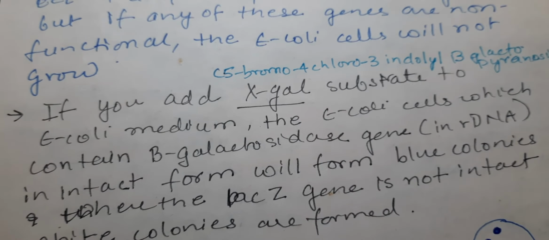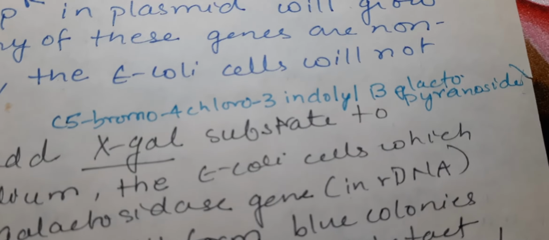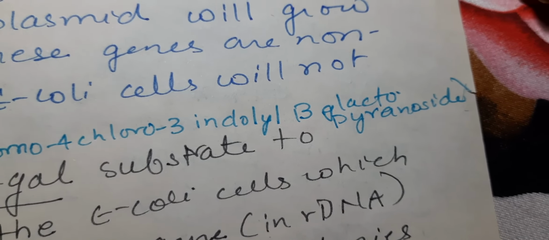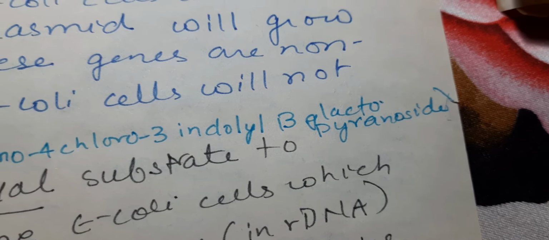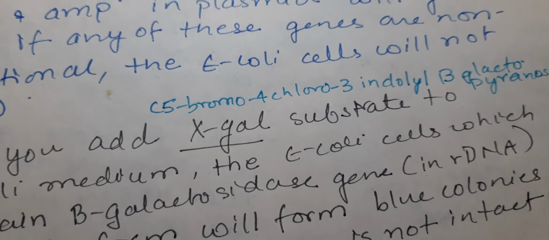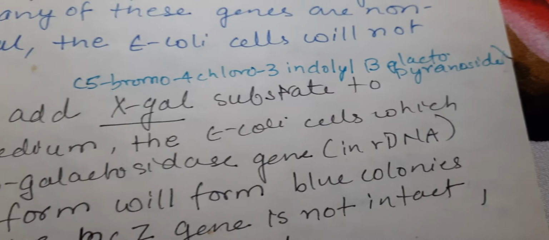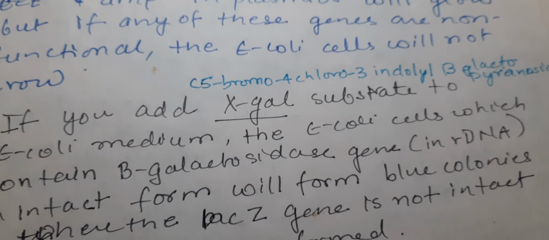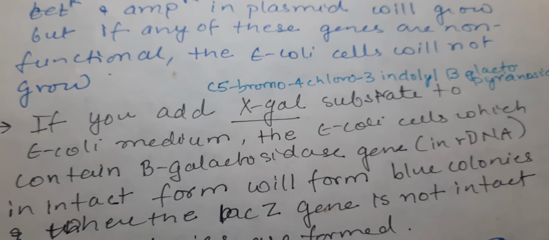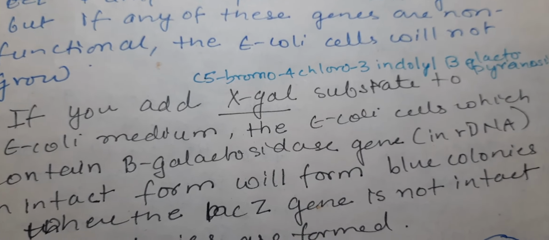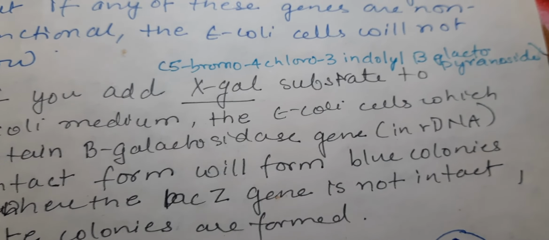Okay, if you add X-gal, which is a substrate, now this is known as 5-bromo-4-chloro-3-indolyl beta-D-galactopyranoside, that is X-gal. Substrate added to the E. coli medium, the E. coli cells which contain the beta galactosidase gene, that is the lacZ gene, in their rDNA in the intact form, will form blue colonies.